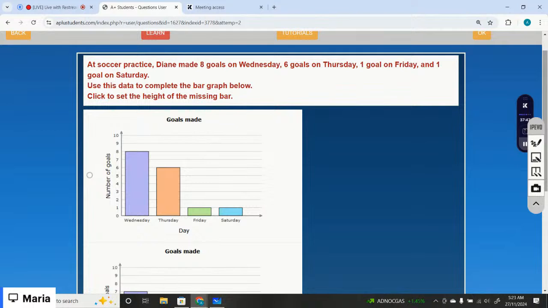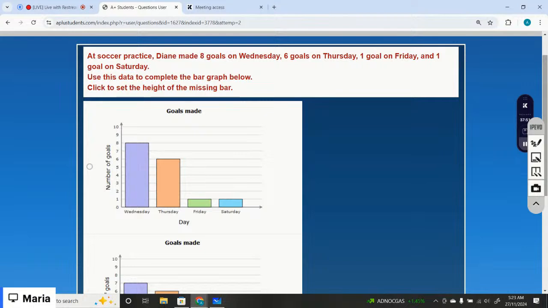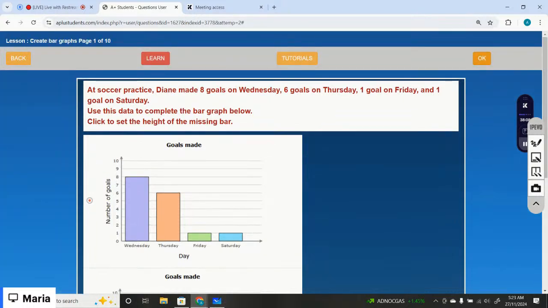So you have to match the 8 goals on Wednesday, 6 goals on Thursday, 1 goal on Friday, and 1 goal on Saturday. So option number 1 is the correct option, right? Just match these bars with the given data. So option number 1 is the correct option.